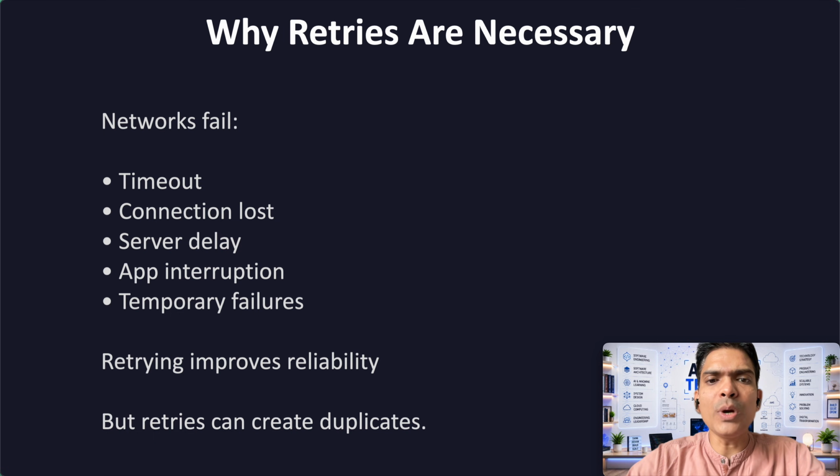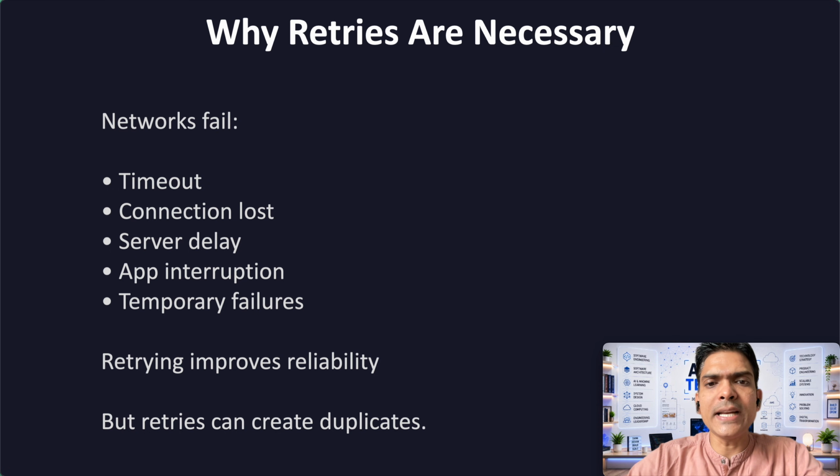Now, you might wonder, why do you even need retries? The reason is that networks fail, timeouts happen, connections get lost, servers experience delays, apps get interrupted. Temporary failures are common in distributed systems.